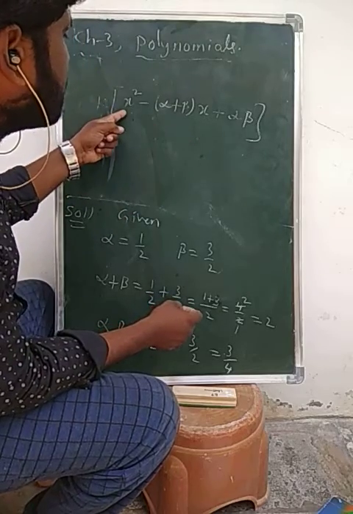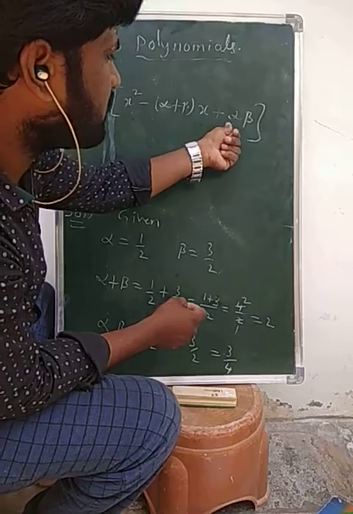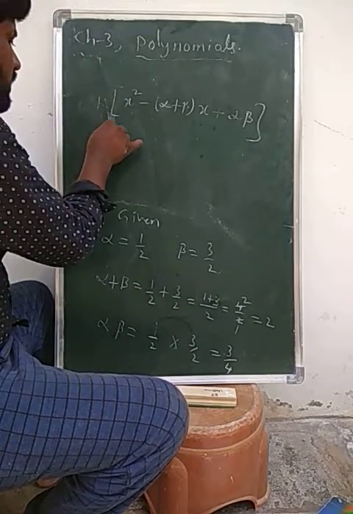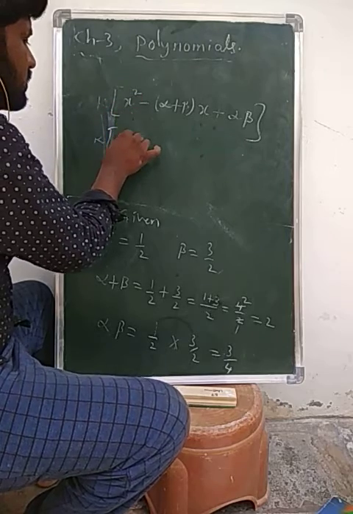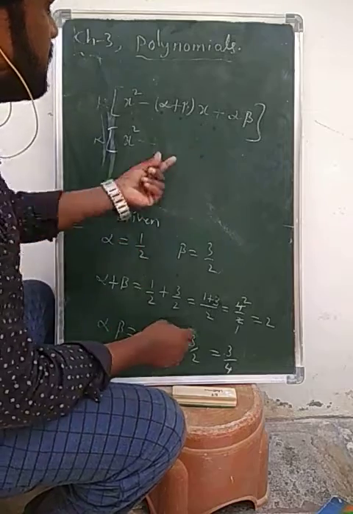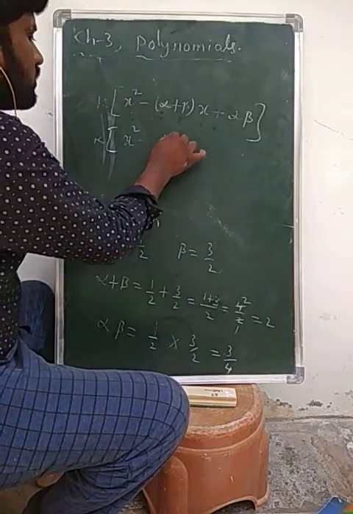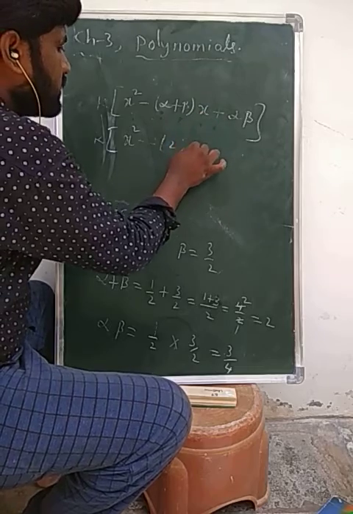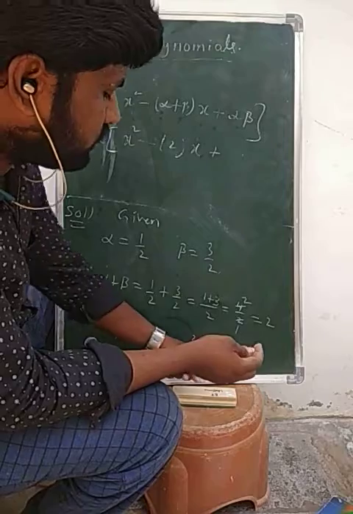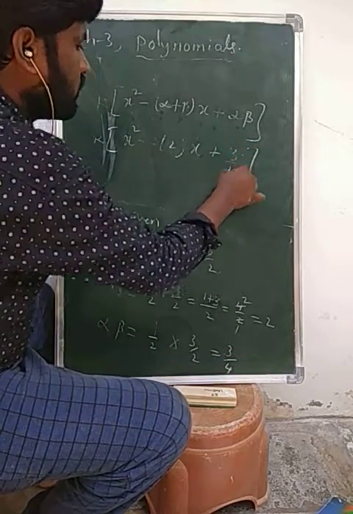Writing k, x square minus the sum of zeros, which is 2, of x plus alpha beta, the product of zeros, which is 3 by 4.